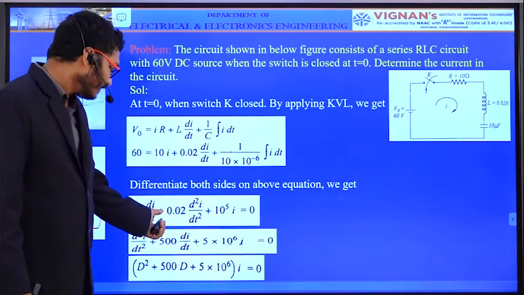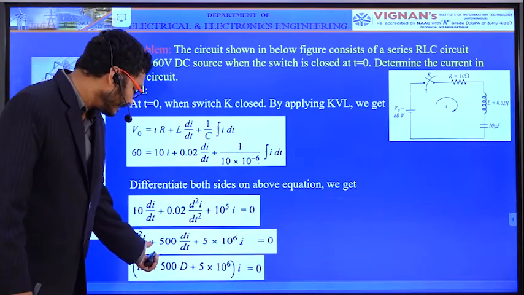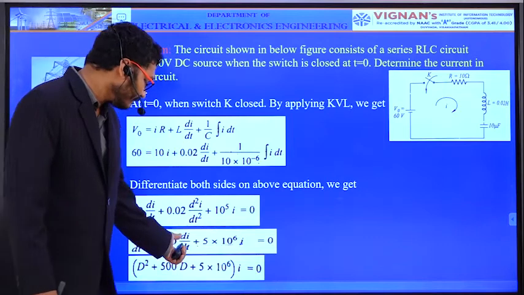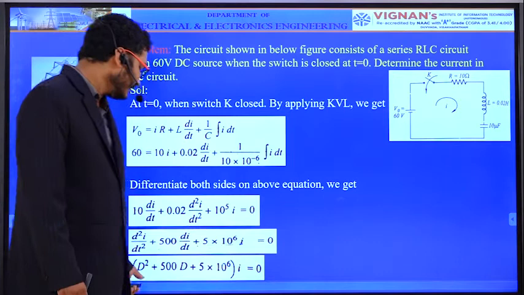After simplification you get d square I/dt square plus 500 di/dt plus 5 into 10 to the power of 6 into I equals 0.